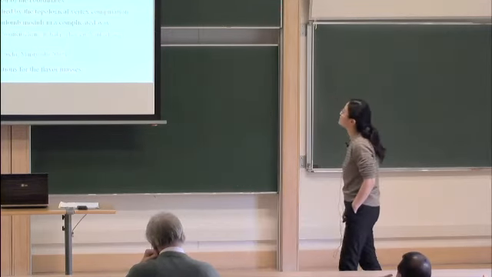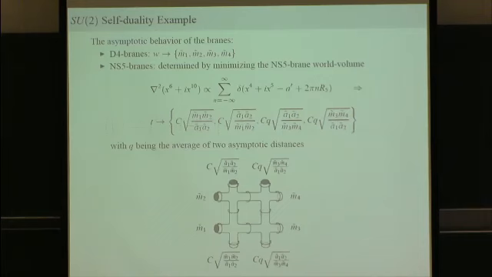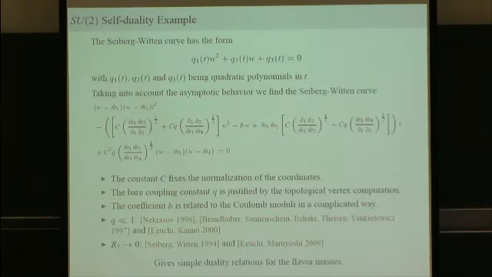So the Seiberg-Witten curve itself, since we are in the SU(2) case, is a degree 2 polynomial in W and also a degree 2 polynomial in T. By taking into account the asymptotic values of these guys, both these ones and also these ones, we find the Seiberg-Witten curve to be of this form.